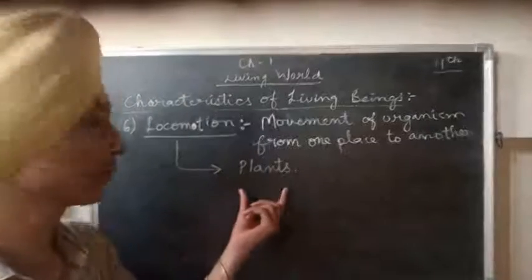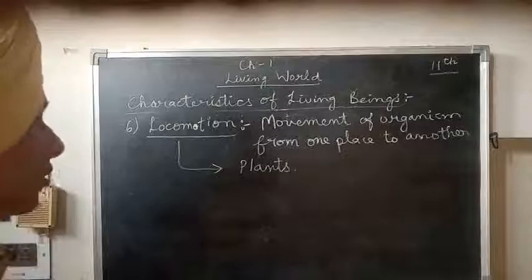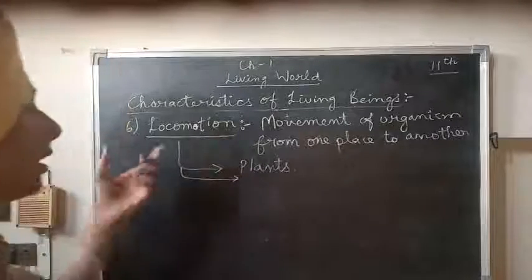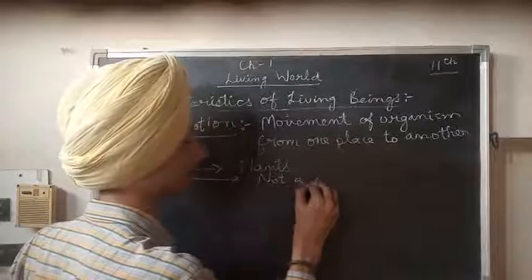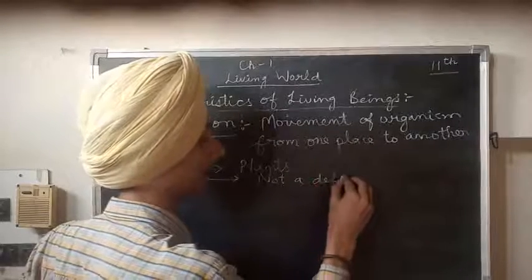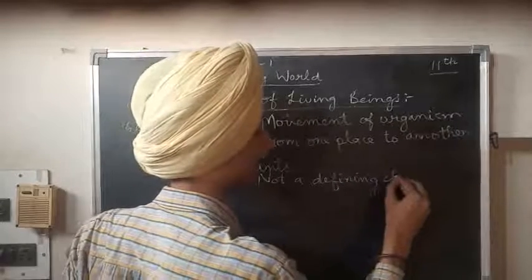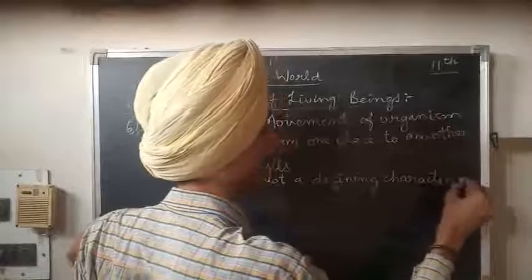Plants do not possess the character of locomotion because they do not move. So we call locomotion not a defining character. Clear?